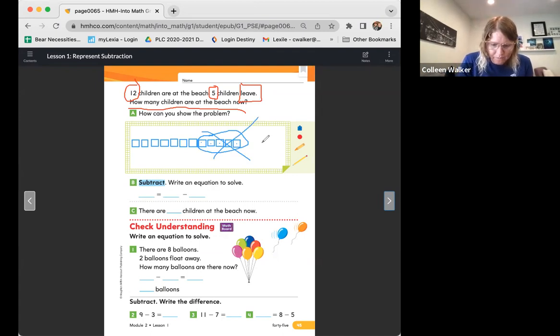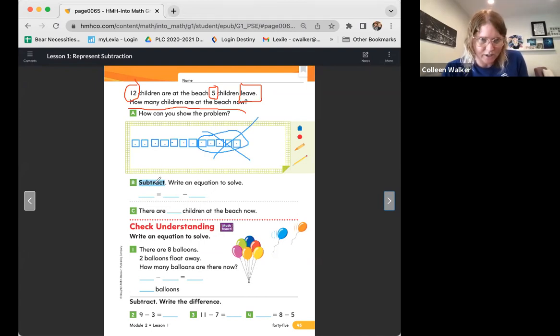All right. Now, I think we should figure out how many are still there. So let's count how many are left. 1, 2, 3, 4, 5, 6, 7. How many children are still there? 7. That's right. All right, boys and girls.